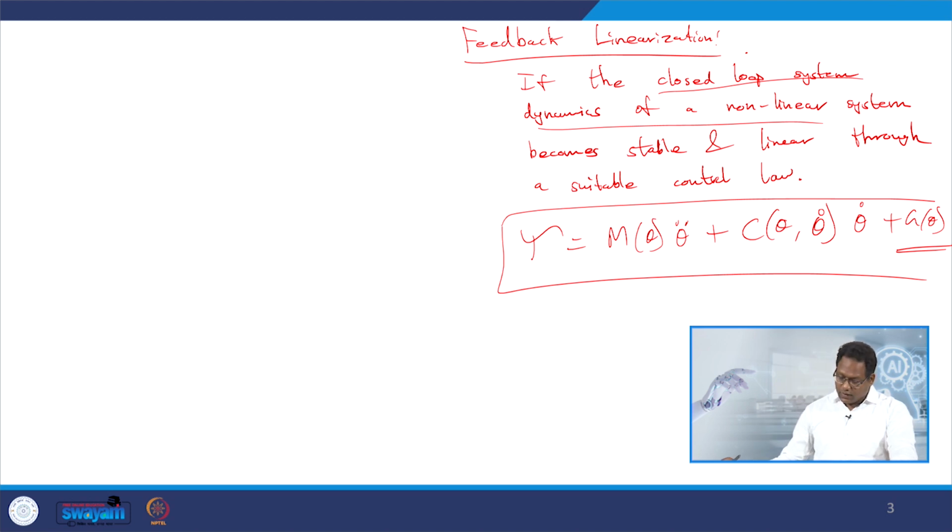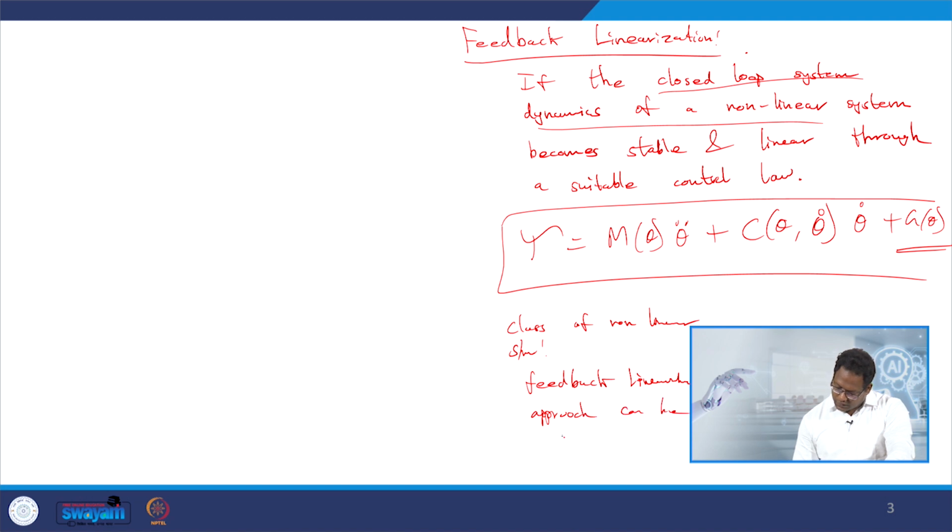In fact, there exists a class of nonlinear systems for which feedback linearization approach can be applied.